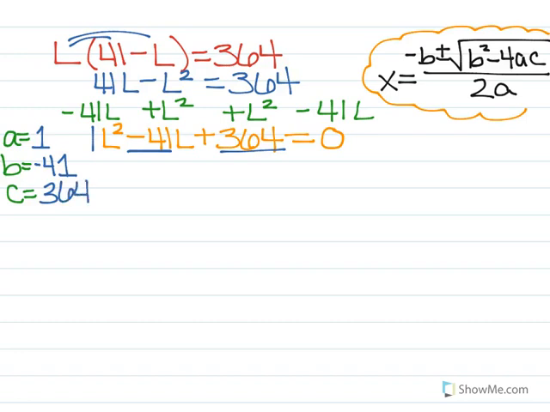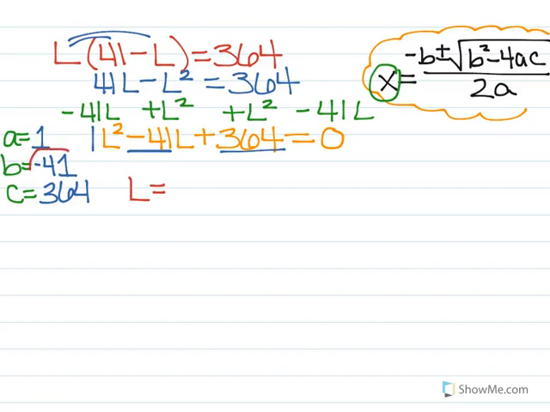Now before we start off with the typical x equals, we have to look at our variable, because our variable is not x in this scenario, it's L. So our equation has to start with L equals. Then we have negative b.